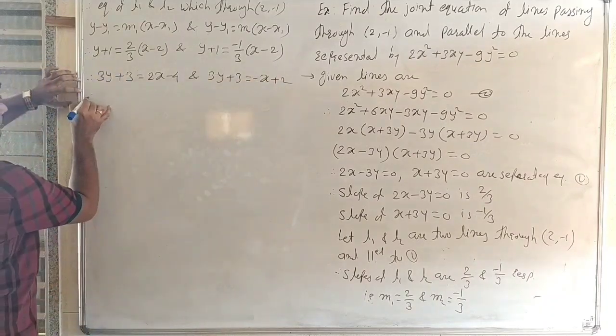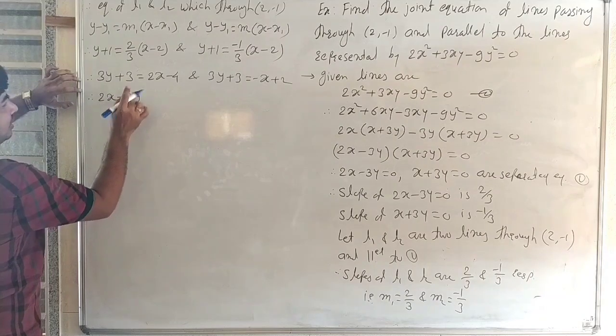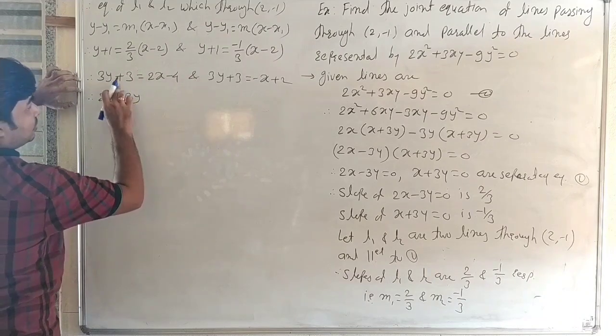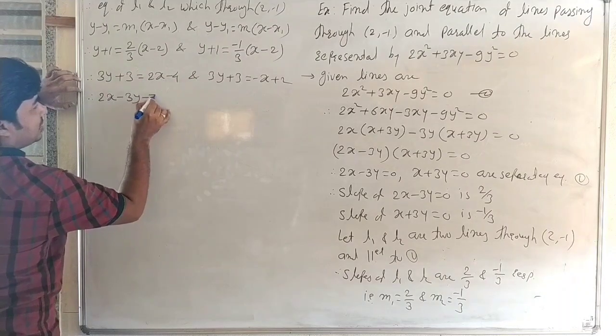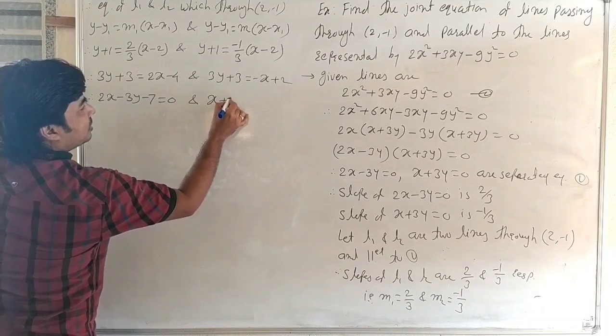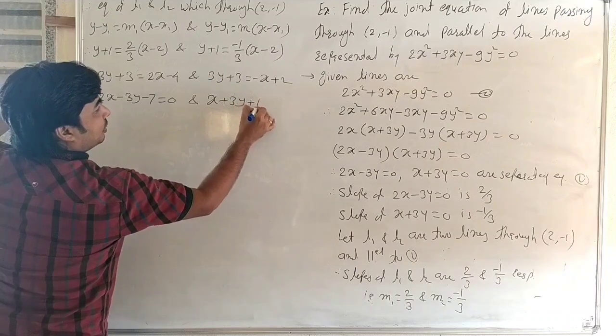Okay. Therefore 2x minus 3y, and here plus 3 becomes minus 3, therefore minus 7 is equal to 0, and x plus 3y plus 1 is equal to 0.